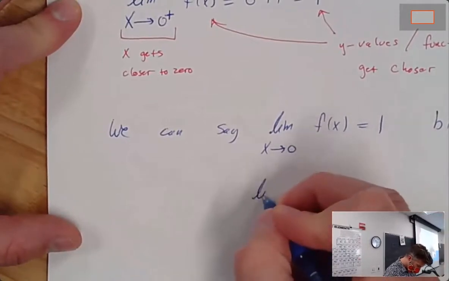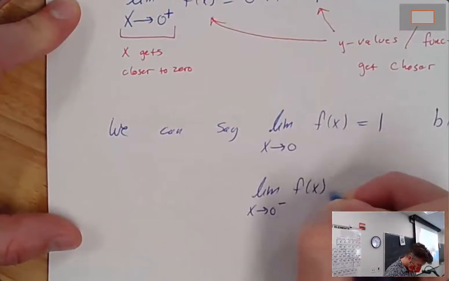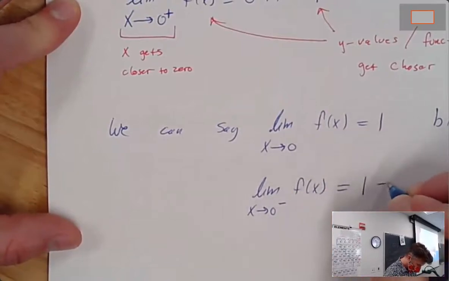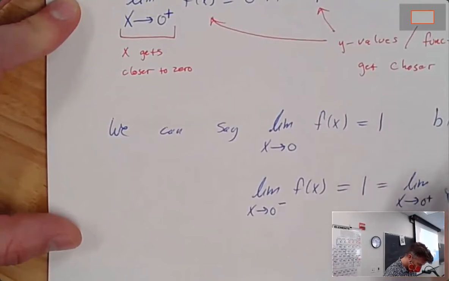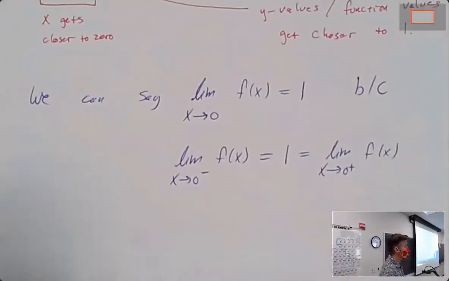Because the limit as x approaches 0 from the left of f of x is equal to the 1 value, which is the same as the limit as x approaches 0 from the right. And this is generally true. For a limit to exist, the left-hand limit and the right-hand limit both have to exist and equal the same value.